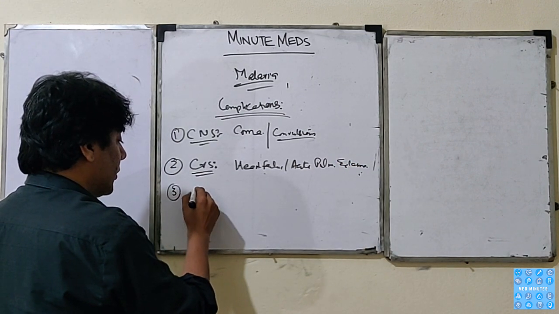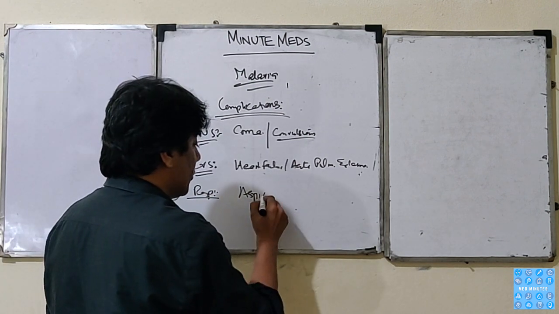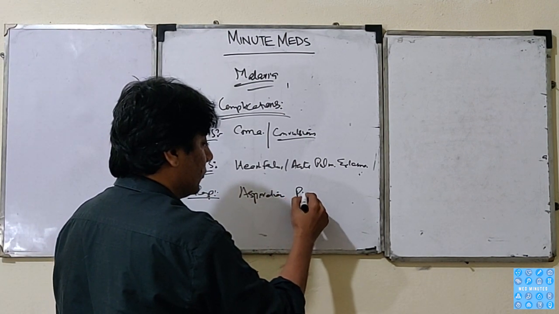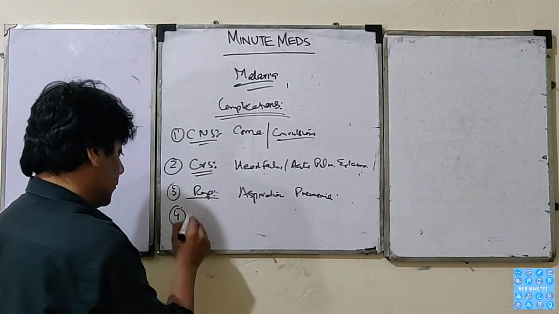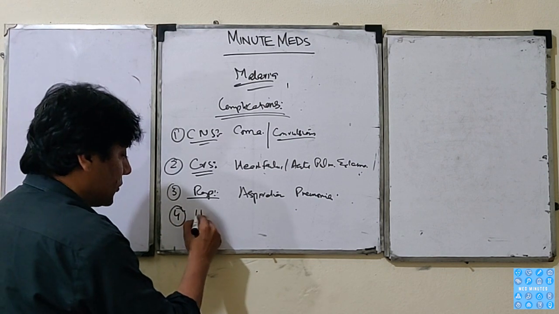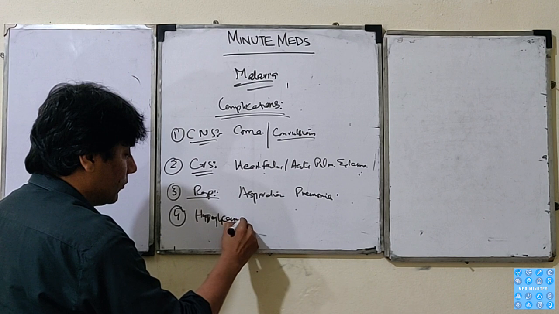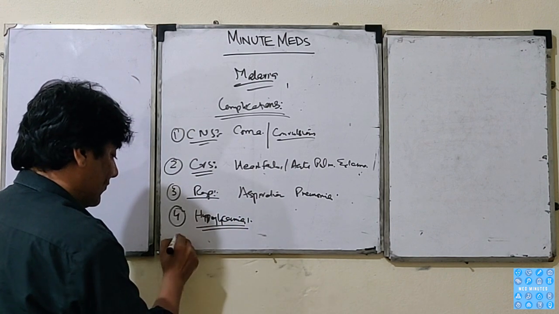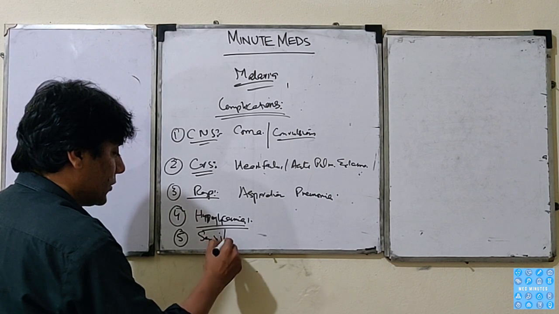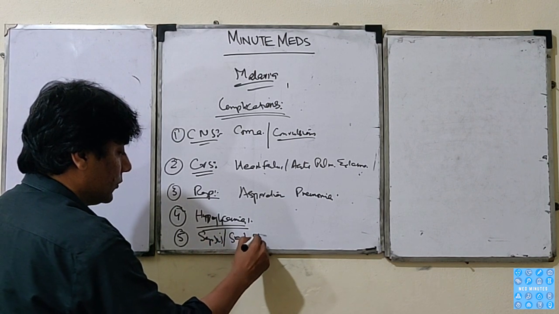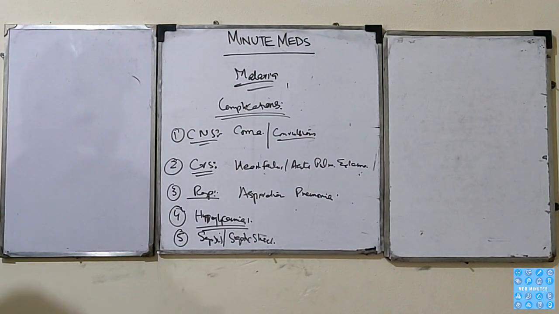Then in the respiratory system, the patient can have aspiration pneumonia. Then endocrinological, the patient can have hypoglycemia. Then the patient can get into sepsis or septic shock. Now one by one, we will do the treatment of this.